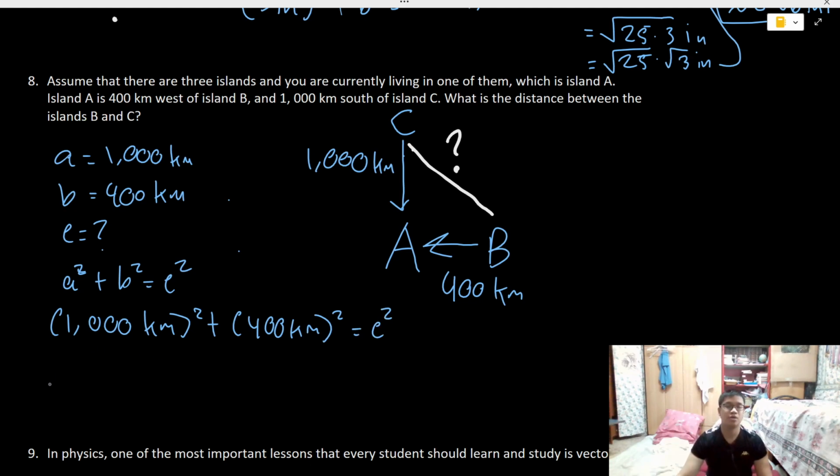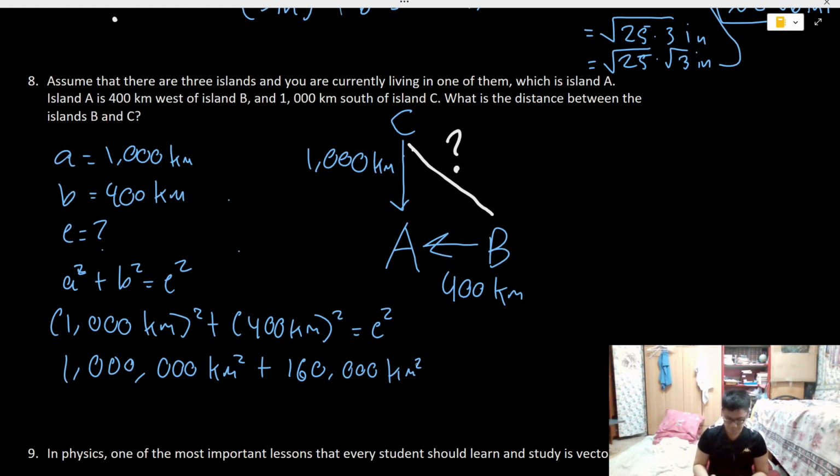So 1,000 kilometers squared is basically 1 million square kilometers. Then plus 160,000 kilometers squared. Let me check. Okay, 400 squared.